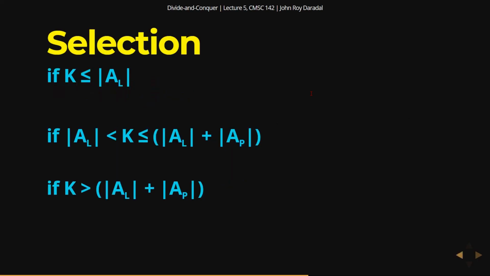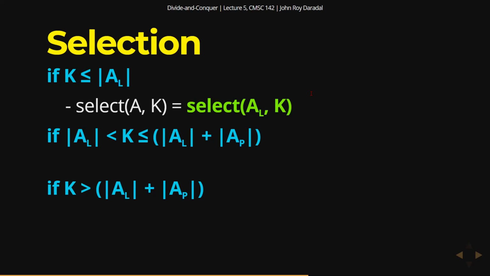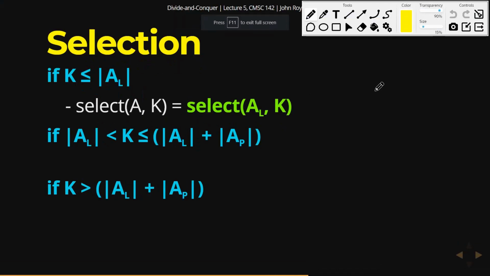So putting all of that together, if the K that you're looking for, the rank, is less than or equal to the number of items in A sub L, then you are sure that it's in A sub L. So let's say, for example, in A sub L there are 3 items, and you're looking for, let's say, the second item.